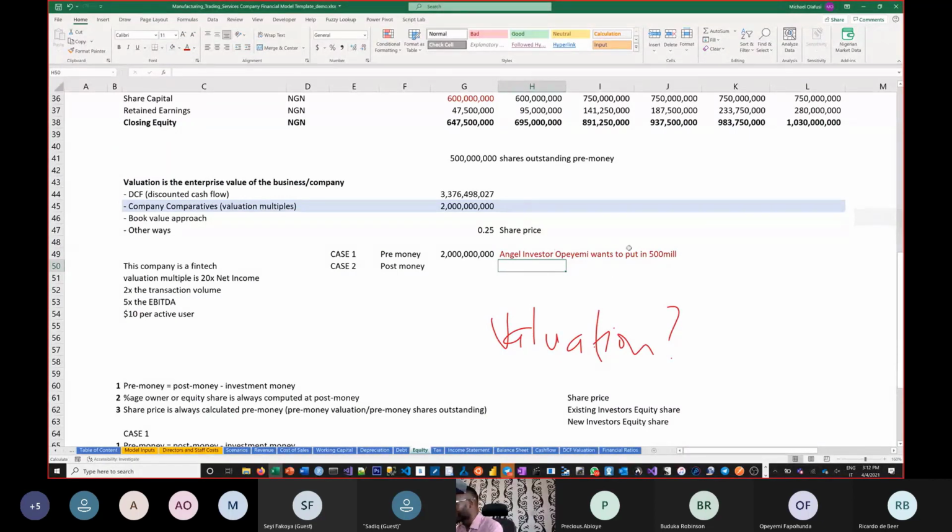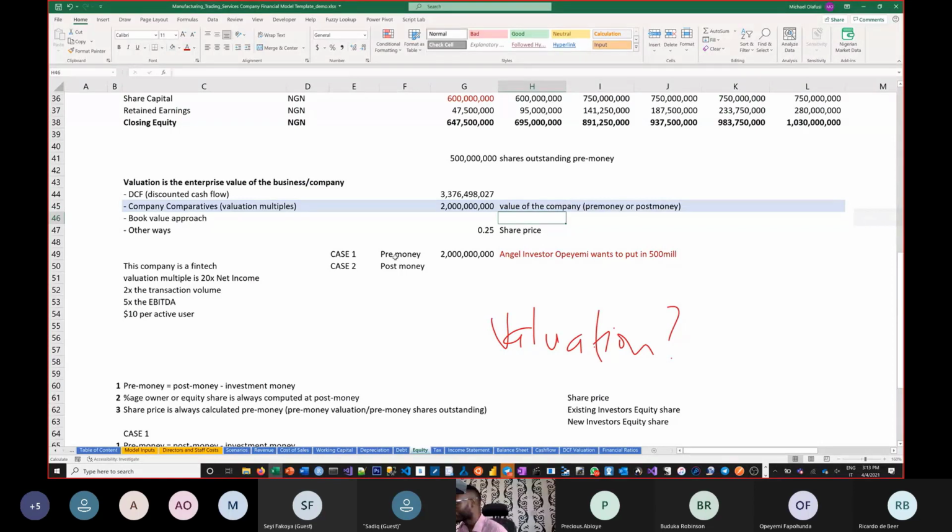So if you want to invest 500 million naira, we are valuing the company at 2 billion naira. This is the company's value. Now, this can be pre-money or post-money.